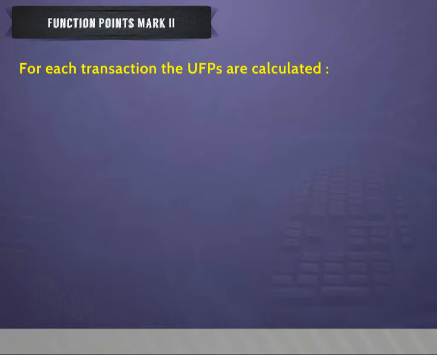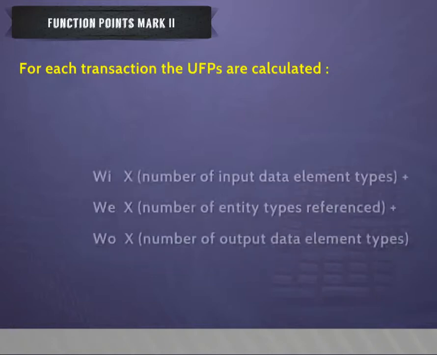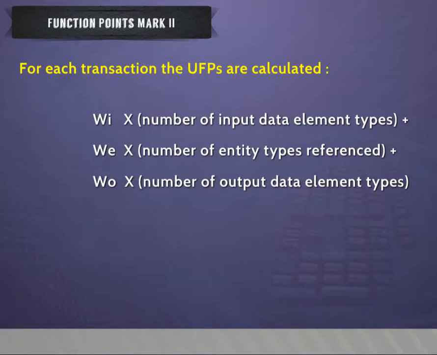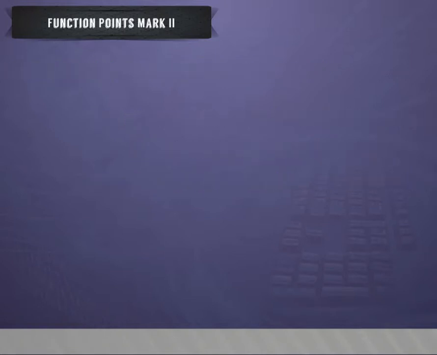For each transaction, the UFPs are calculated: WI times number of input data element types plus WE times number of entity types referenced plus WO times number of output data element types.